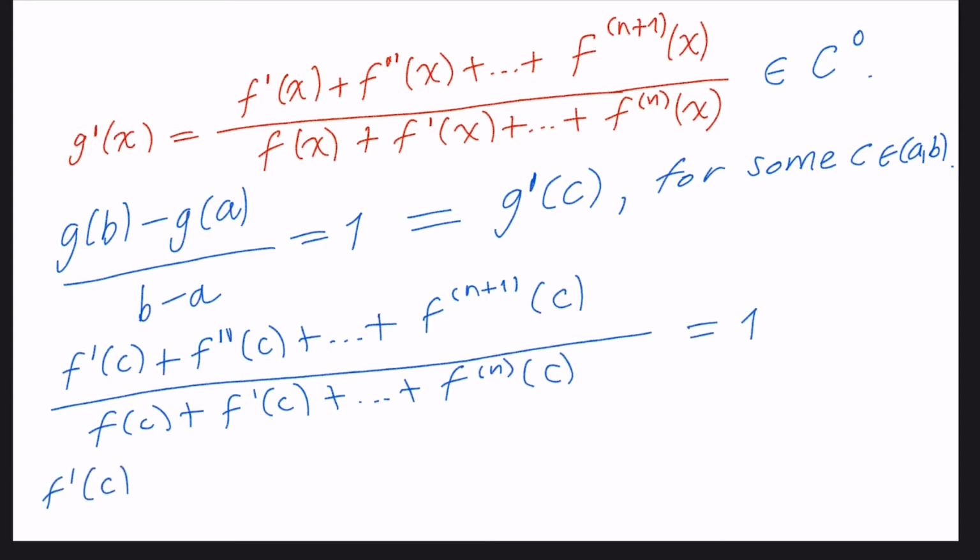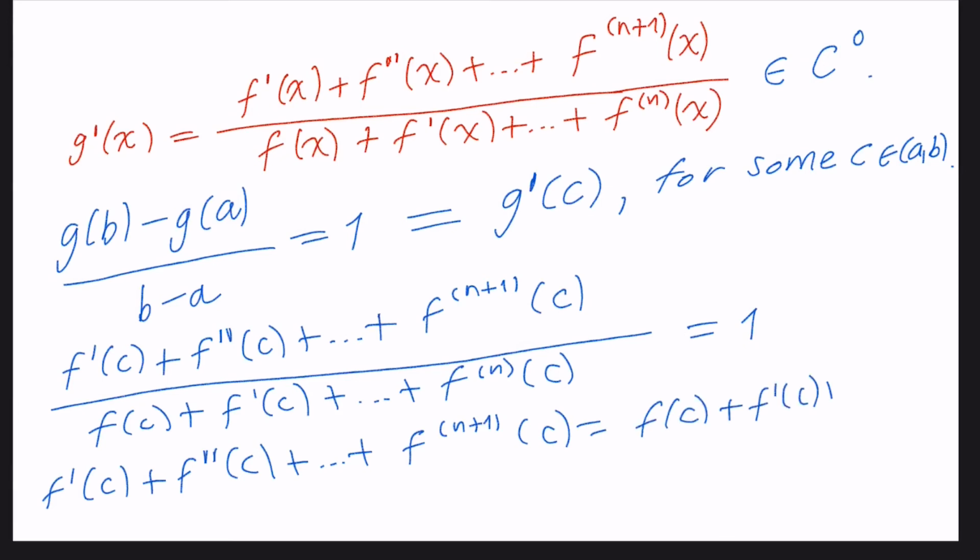So we pass the denominator to the other side, then we will have this plus the n plus 1 derivative in c is equal to f of c plus f prime c plus f n c. Okay, so the first derivative is eliminated with the first from here. The dots mean that we will have the function, first derivative, second derivative, third derivative, fourth derivative, until n plus 1.